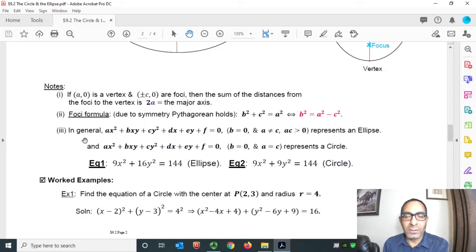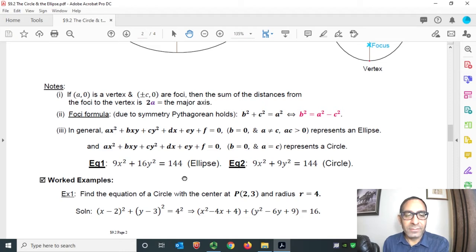Third, in general, a second degree equation in x and y represents an ellipse if b equals 0 and a is not equal to c. I'm talking about these coefficients respectively here. And similarly, the second degree equation in x and y represents a circle if b equals 0 and a equals c, where b is the coefficient of xy, a is the coefficient of x squared, and c is the coefficient of y squared respectively in these equations.